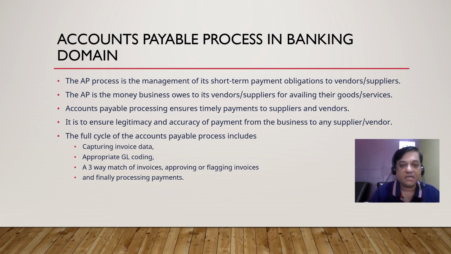The full cycle of the accounts payable process includes capturing the invoice data, appropriate GL coding, the three-way match of the invoice, approving or flagging invoices, and finally processing payments.